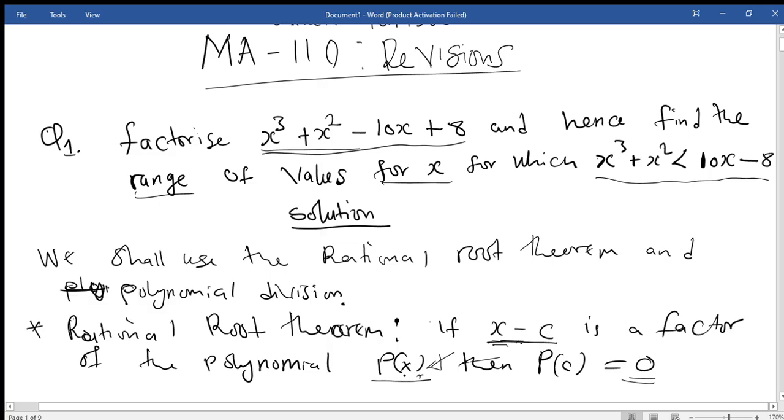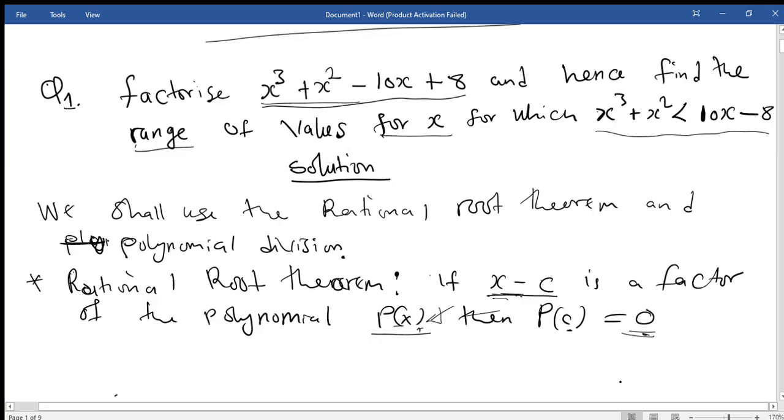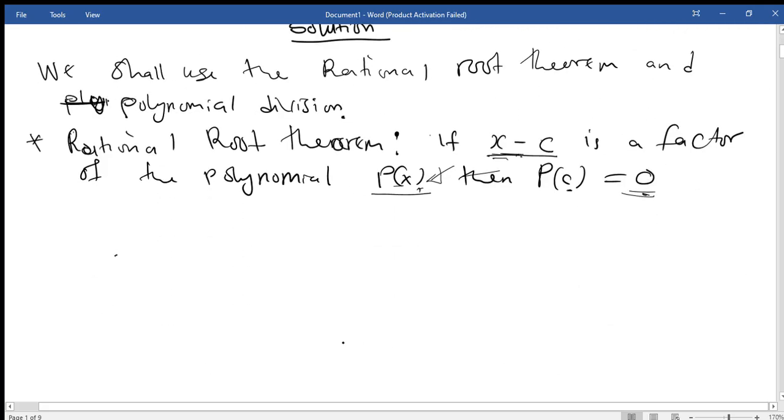If we evaluate p of x when x is equal to c and it does not give us a 0, then it is not a factor of that polynomial. So to factorize this, we will embrace this theorem so that we can break it down to something simplified.